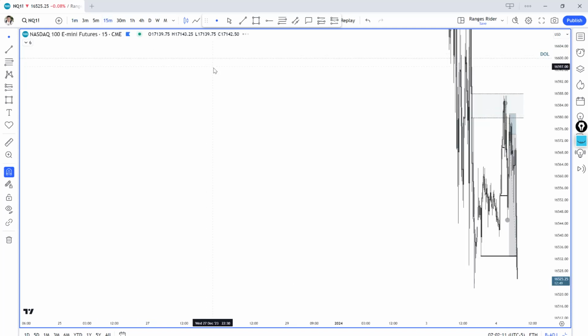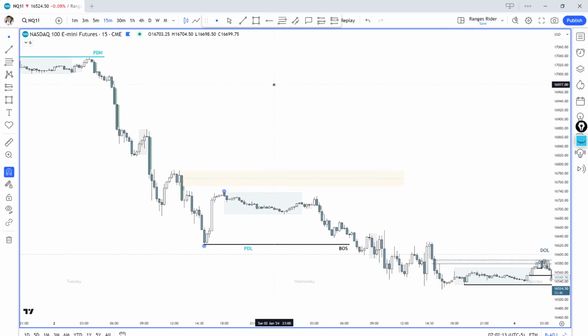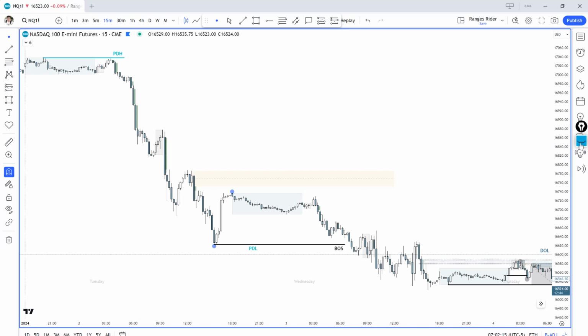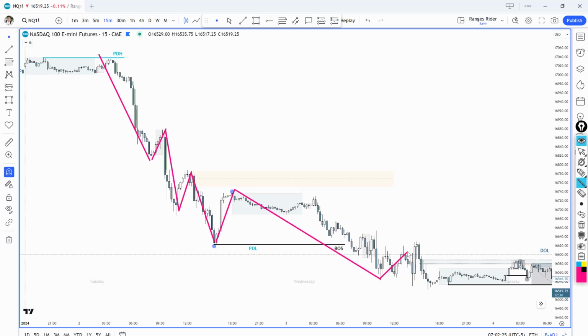If you see that, this all concept comes basically from here, this one, like this and like this. So I'm expecting that this is a protected high. Whichever pullback it will give me, I will look for the ranges to target this low.